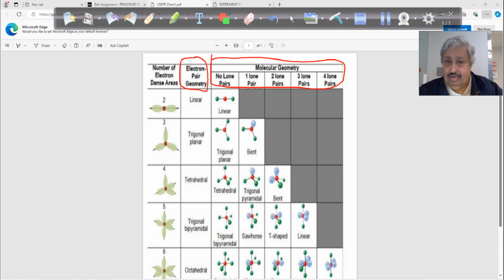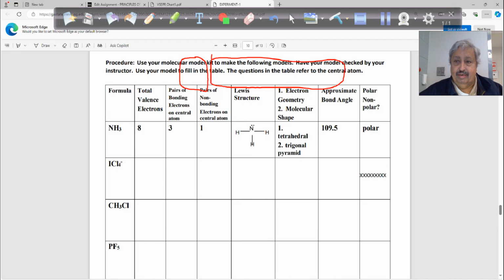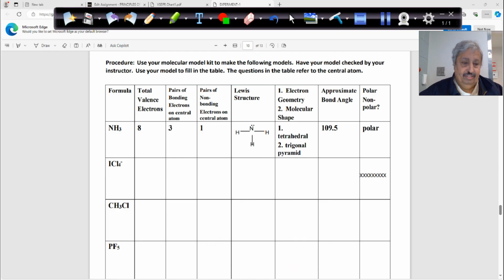Okay, so let's do this one here now. That's the experiment here, so I'm taking this one out. And let's do ICl4 minus. That's an anion. So what we call this one here is iodine tetrachloride ion.